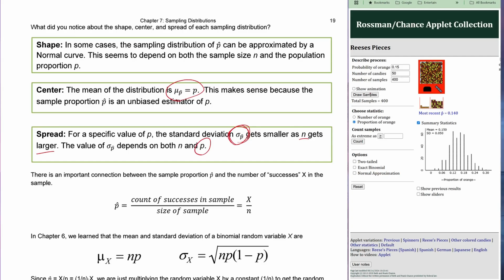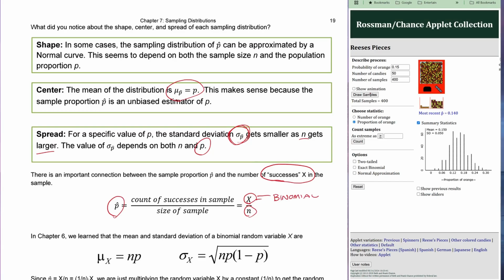Let's see if we can connect this back to some things that we talked about earlier. Mostly the idea that the number of successes, x, divided by the sample size, n, gets us p hat. Well, that x, the number of successes, that's binomial.